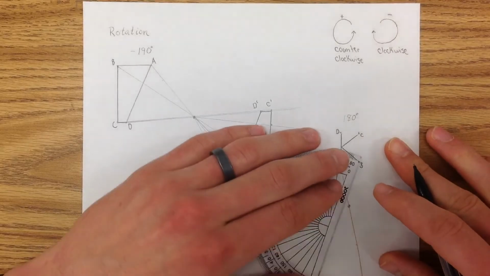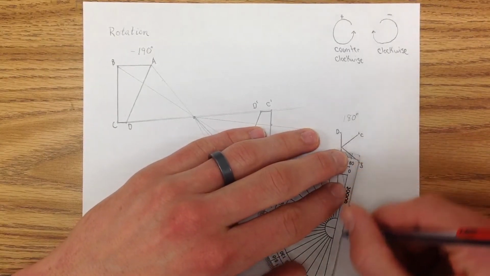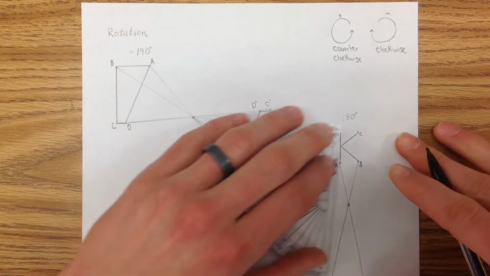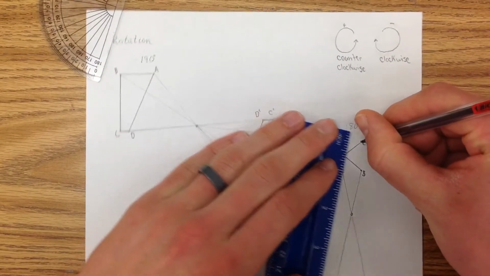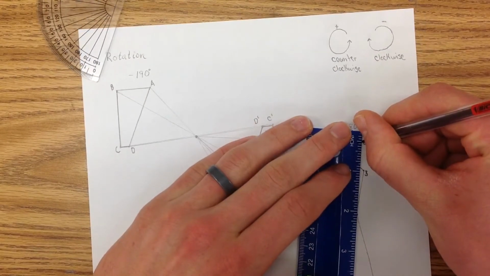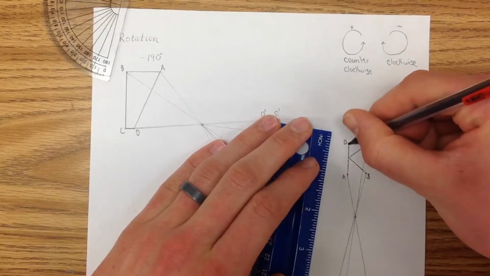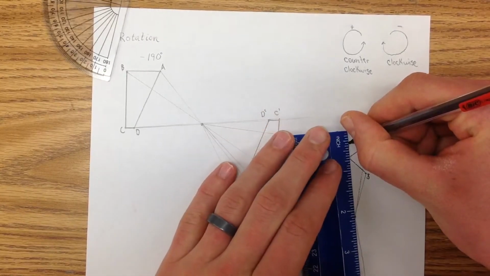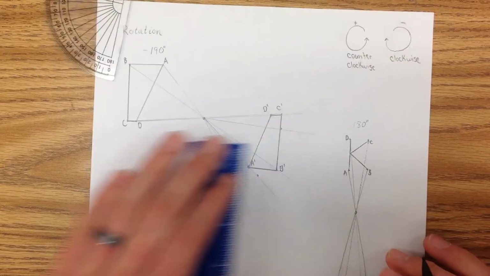B. I'll use a ruler for these, it's a little farther away. And again, I'm making these pretty light.